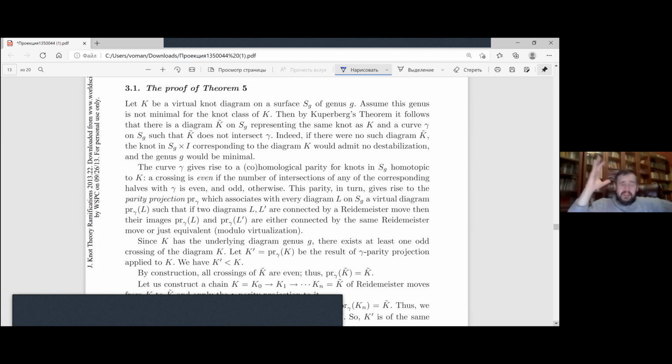If we look at this homology class, we can try to take a projection with respect to the parity coming from this cohomology. Well, some crossings will disappear, but never mind. The idea is that even if these crossings disappear, the resulting knot will be equivalent to the initial knot.